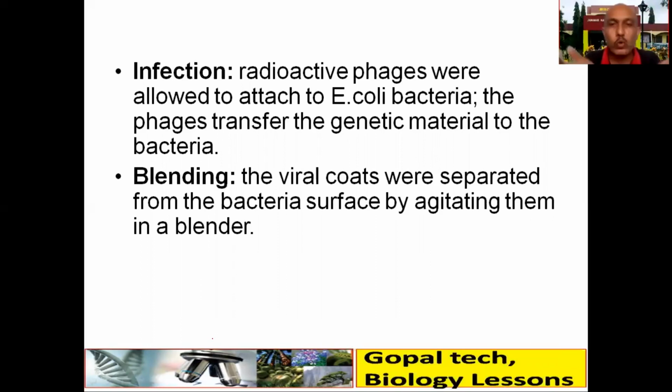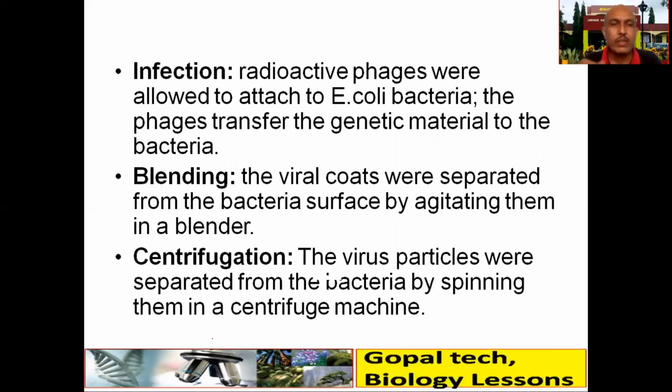The viral coats were separated from the bacterial surface by agitating them in a blender, sudden shaking. Then centrifugation. The virus particles were separated from the bacteria by spinning them in a centrifuge machine. So first growing, then infection, blending and centrifugation.